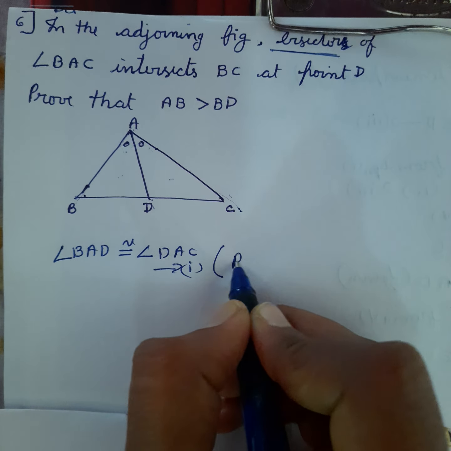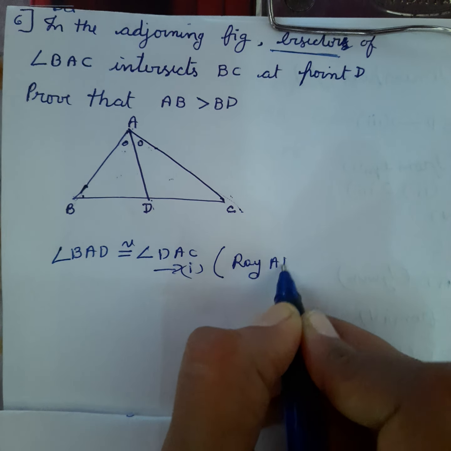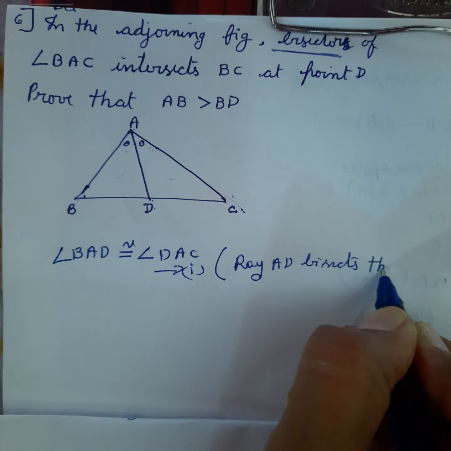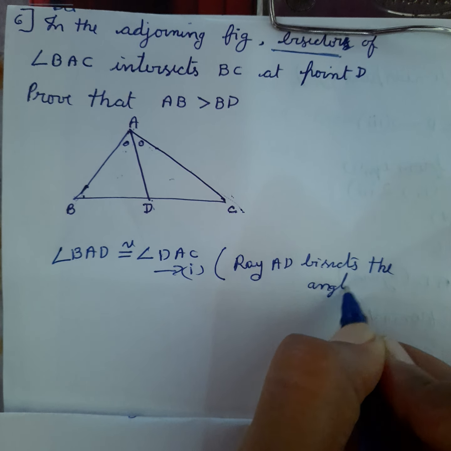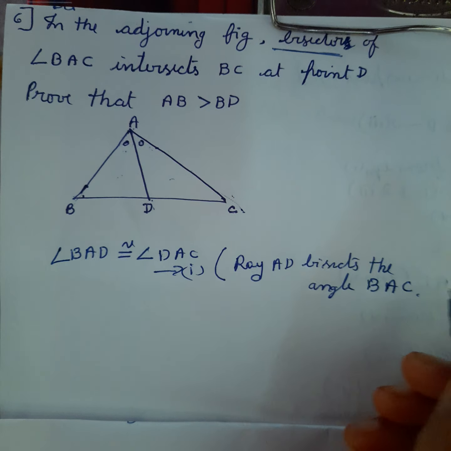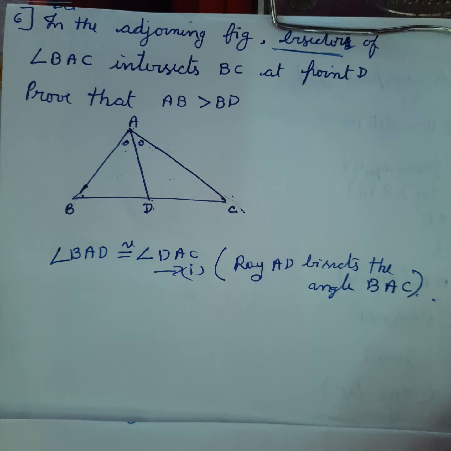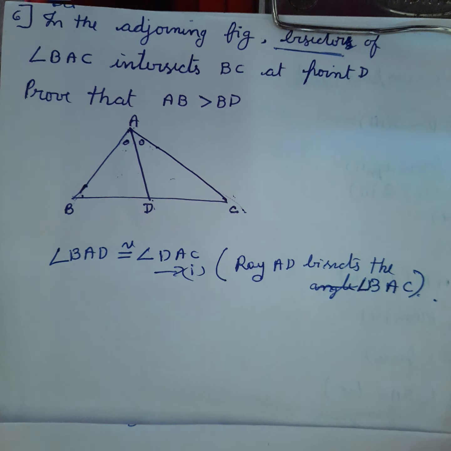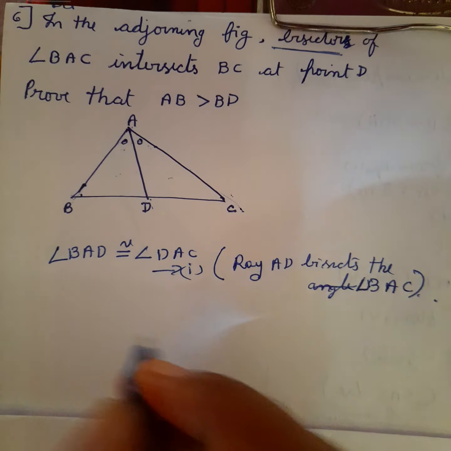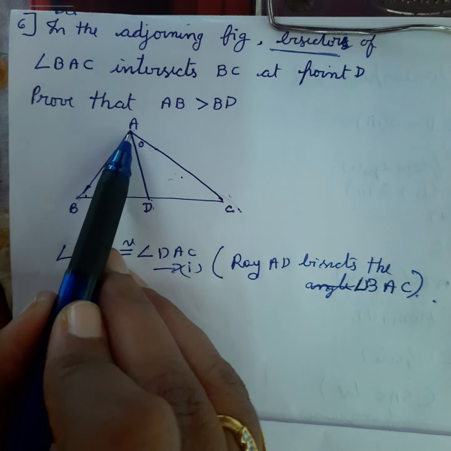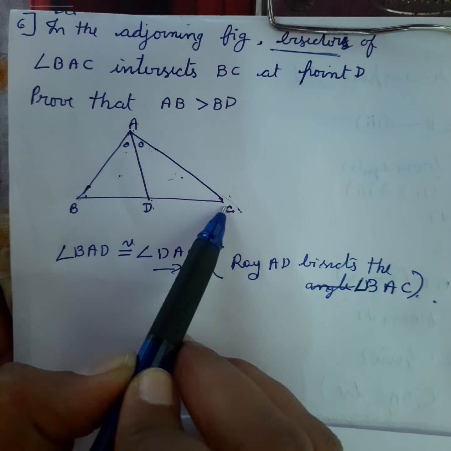The reason is ray AD bisects the angle BAC. Now out of these two triangles I will consider triangle ADC.